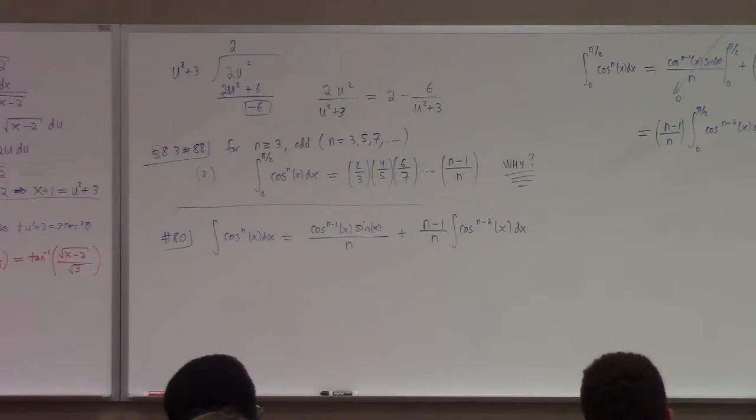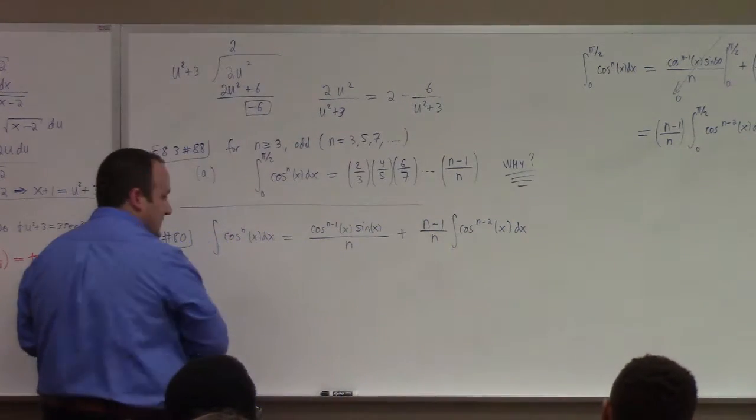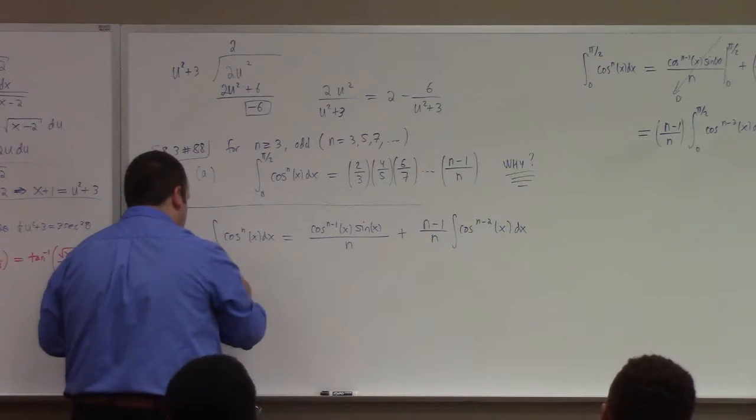So then what do we do? We apply the recursion relation again. But here n minus 2 is playing the role of n, right? If you have trouble with overloading operators, it might be helpful to write this formula again with a different letter.